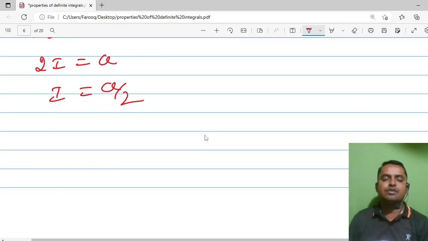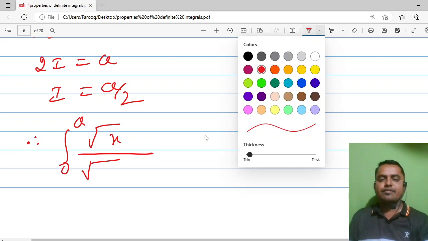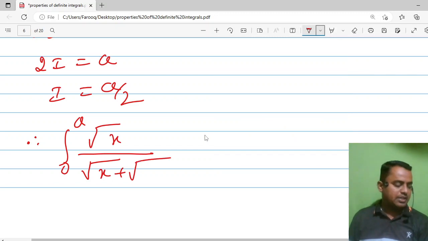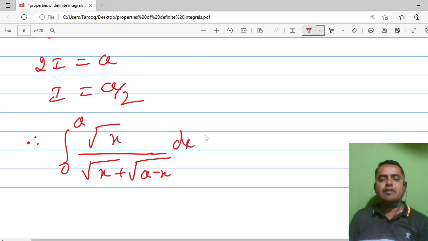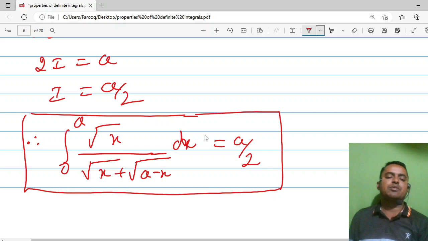Therefore the integral 0 to a of root of x divided by root of x plus root of a minus x, dx, is equal to a by 2. This is the solution of the problem.